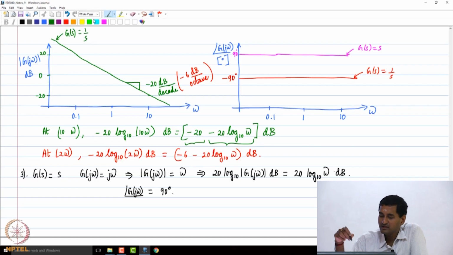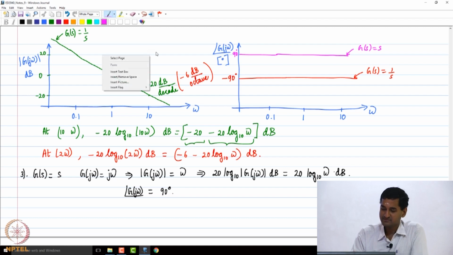Now how will the magnitude plot look for s? So that's 20 log omega, right? At omega equals 1, once again we are going to have 20 log 1 to be 0. At omega equals 10, what are we going to have? It's going to be plus 20 decibels.